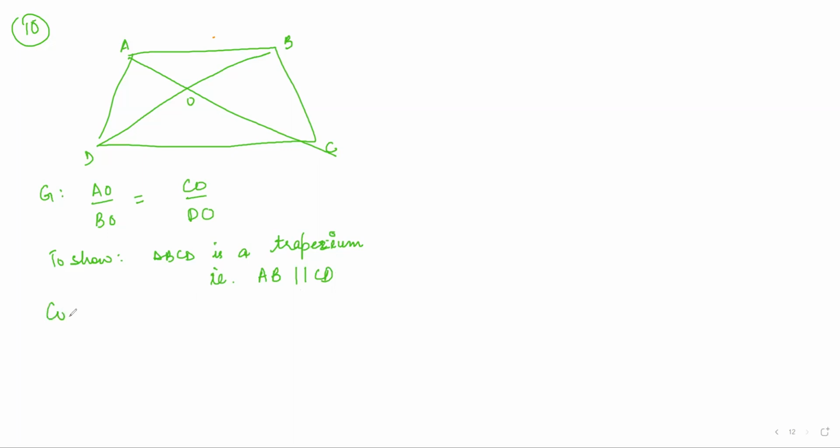So again, you will do one construction here. The construction will be: you can take a side, draw like this, and mark it E. So EO is parallel to any side you can take. Let's take AB.